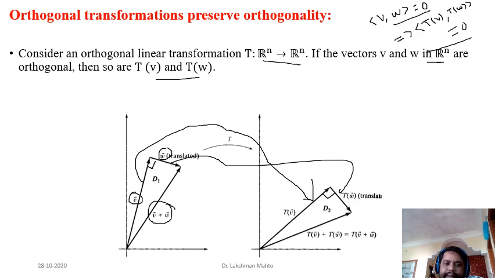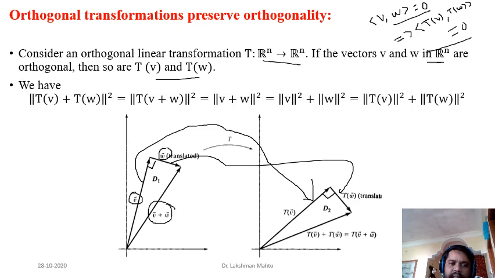Again, we observe that the angle between T of v and T of w is preserved. It is again 90 degrees. So that is the interesting fact of an orthogonal transformation: it preserves orthogonality. It does not change the angle between two vectors. So you can even say more: under an orthogonal transformation, it preserves the angle as well.